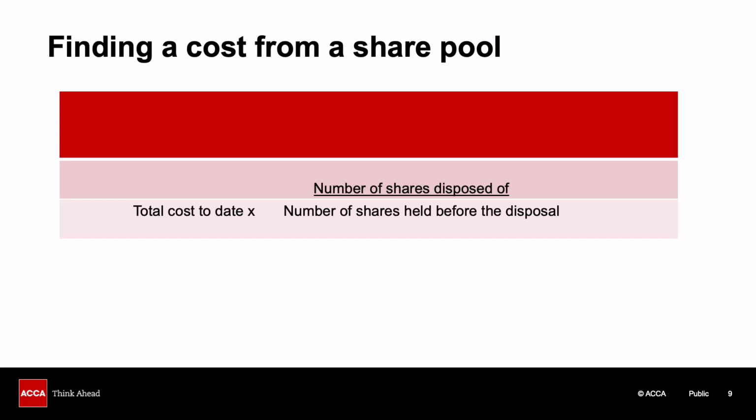So in order to arrive at that highlighted figure on the previous slide, we're going to take the total cost to date in the share pool before we disposed of any shares that we're looking at, and we're going to multiply that cost figure by the number of shares that we are disposing of divided by the number of shares that were held before the disposal. Now this will make more sense once we put some numbers to it, but it's an important bit of arithmetic to bear in mind when we go on to look at the example shortly.